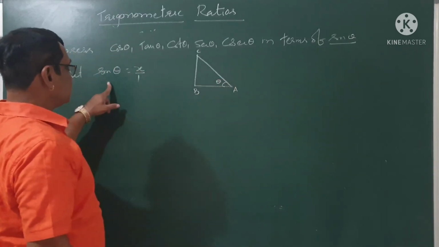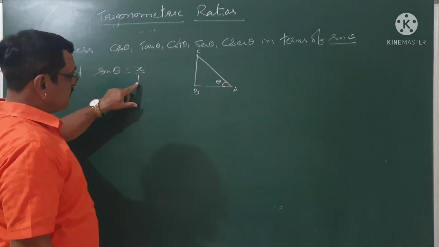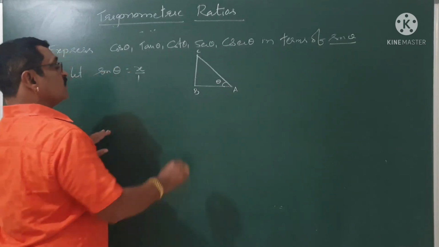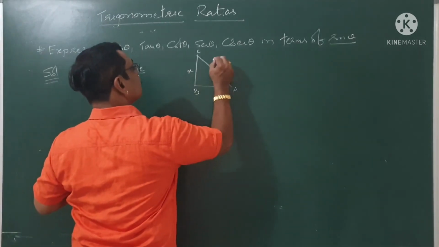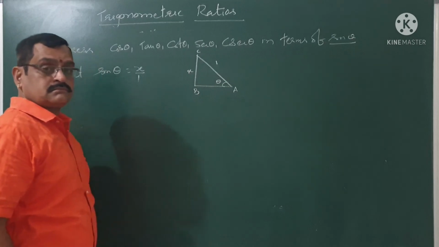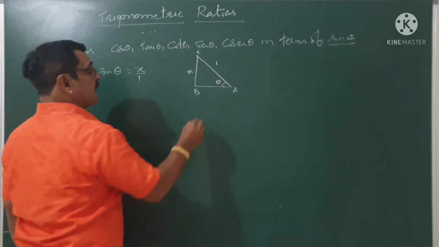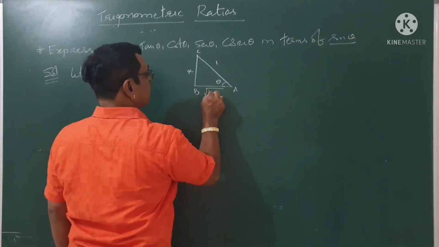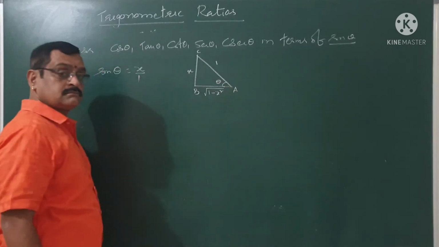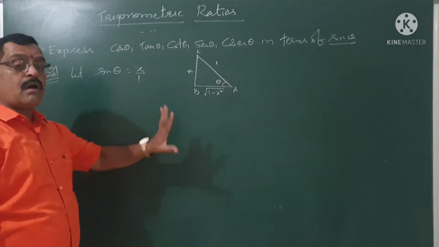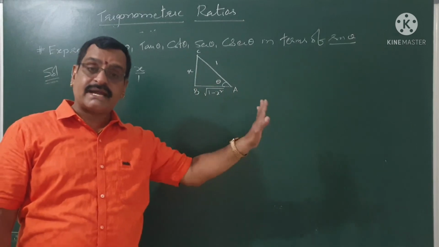We have sin theta as opposite side by hypotenuse, x by 1. So I take this side as x and the hypotenuse as 1. By using the Pythagoras theorem, I can get AB as the square root of 1 minus x square. Now I have all three sides of the right angle triangle.